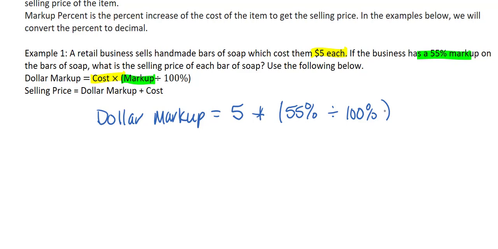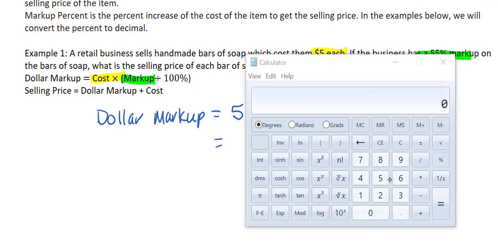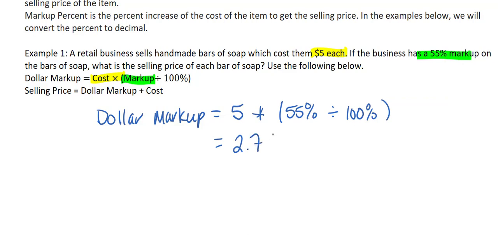And so what do we get? Well, let's get our calculators out. So we do 55 divided by 100 first, because that's in parentheses. We're going to multiply that by 5, and we get $2.75. So that's our dollar markup.